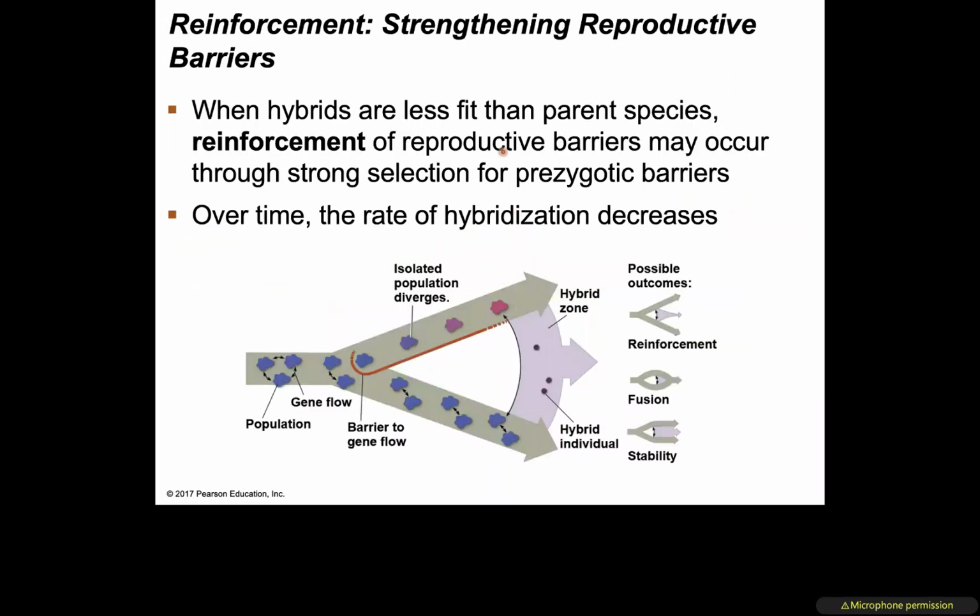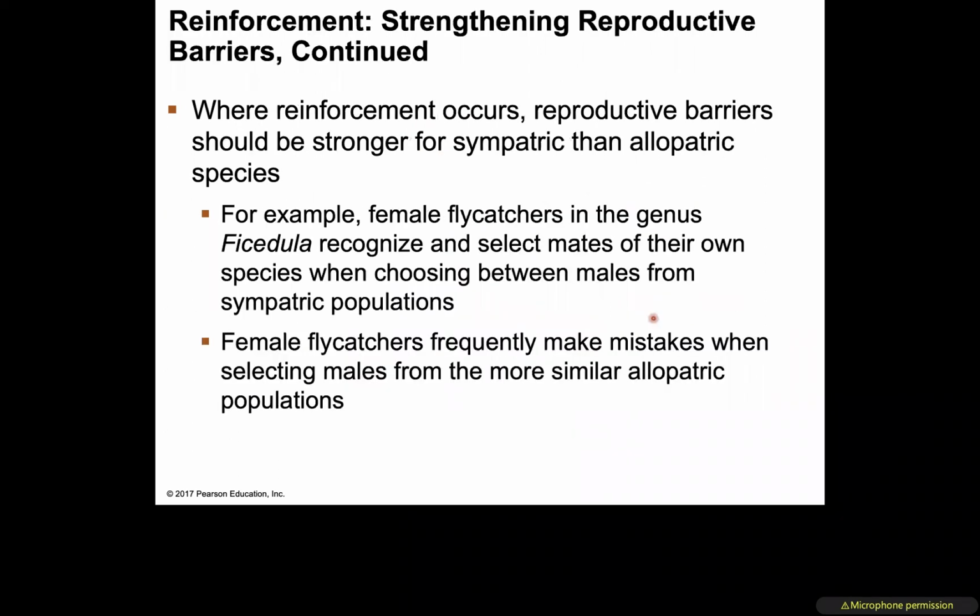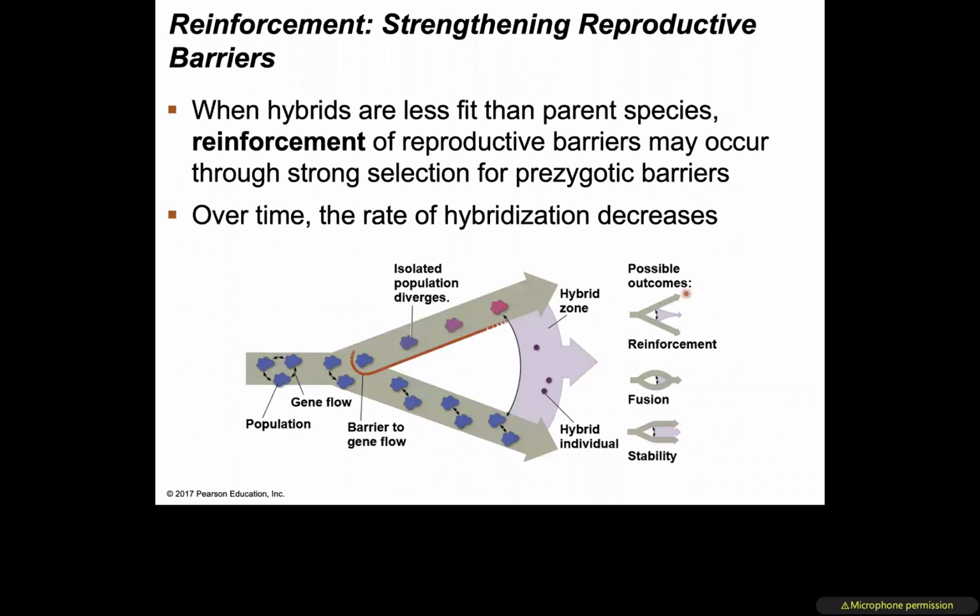So when hybrids are less fit than their parent species, reinforcement is going to take place. So basically that's reinforcement of those reproductive barriers. I wish I had a bigger one, I don't. So when you look over here, you see this population goes in this direction and evolves, and this population goes in its direction genetically, okay?